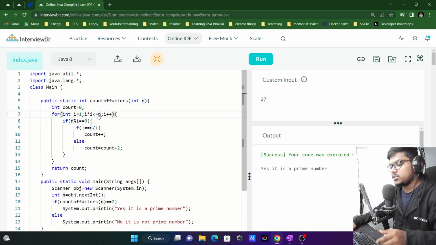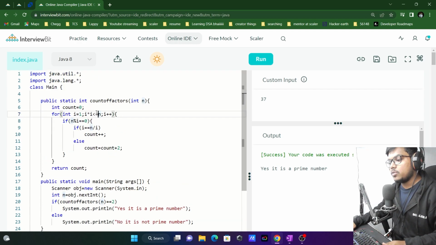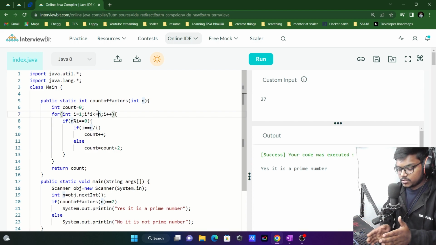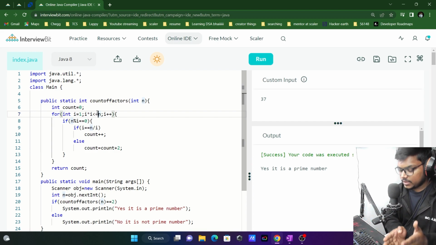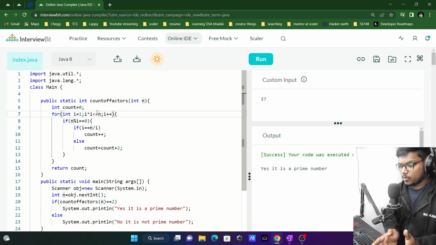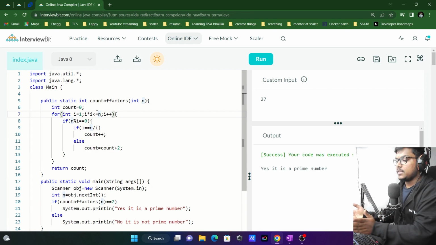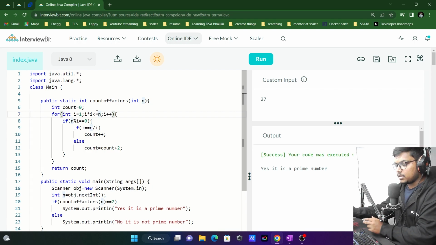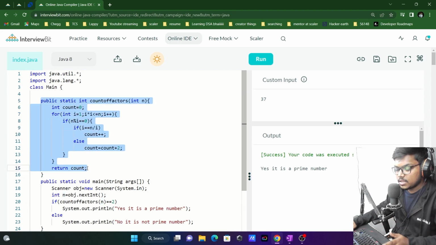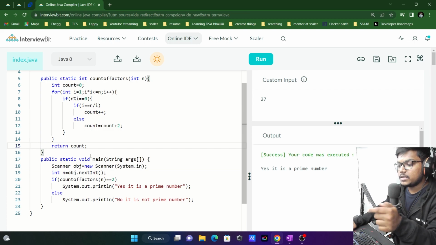Basically this is also an optimal solution if we know count of factors. If I solved a problem with an optimal solution, and I'm solving another problem connected with the first, then I can use the first optimal solution in the second problem, which makes it easier. In the previous video we learned count of factors, and the same count of factors we are using for the prime number.